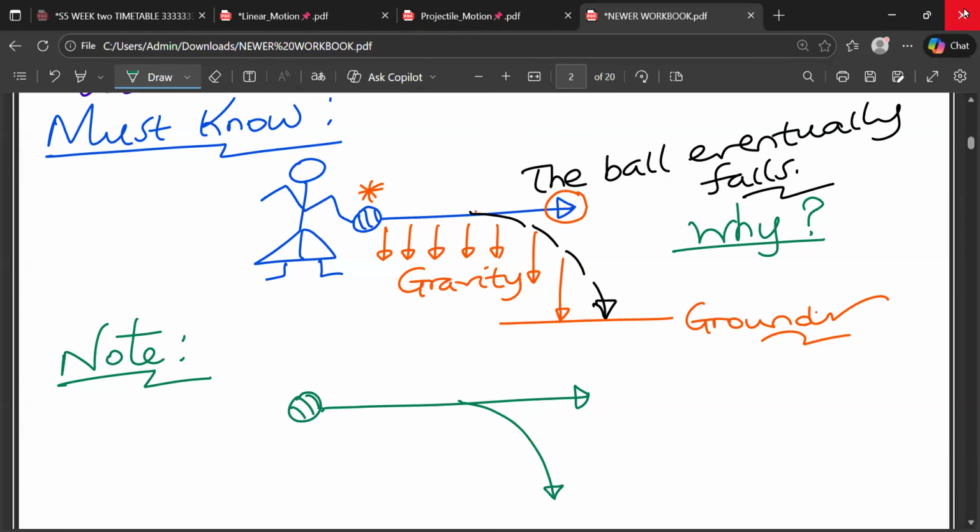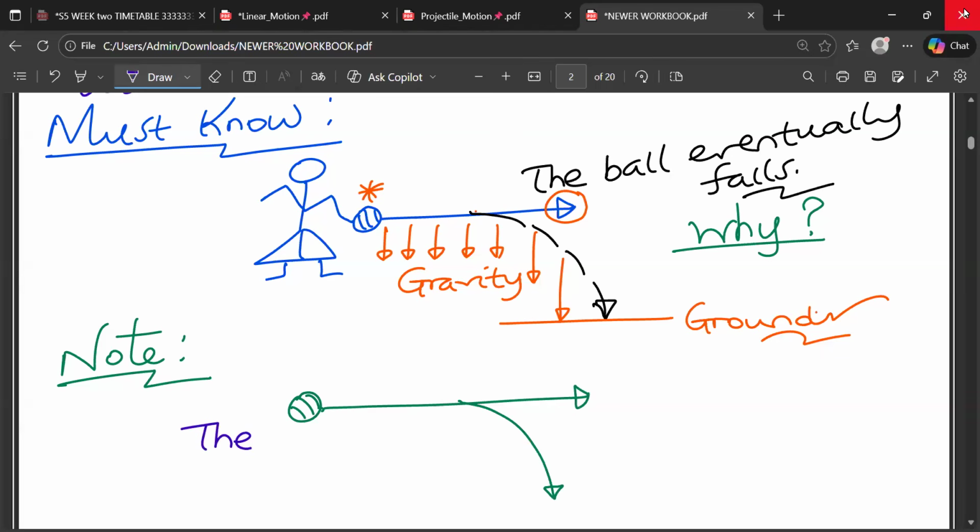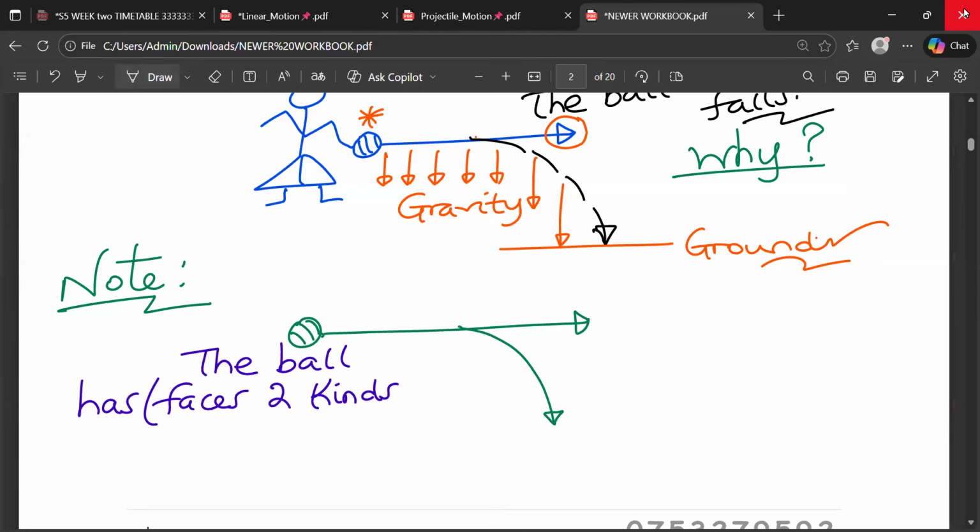Falls. That means that the ball has two kinds of motion. I want you to follow, and get these concepts well. Don't cram anything. The ball has, or faces, or undergoes two kinds of motion.